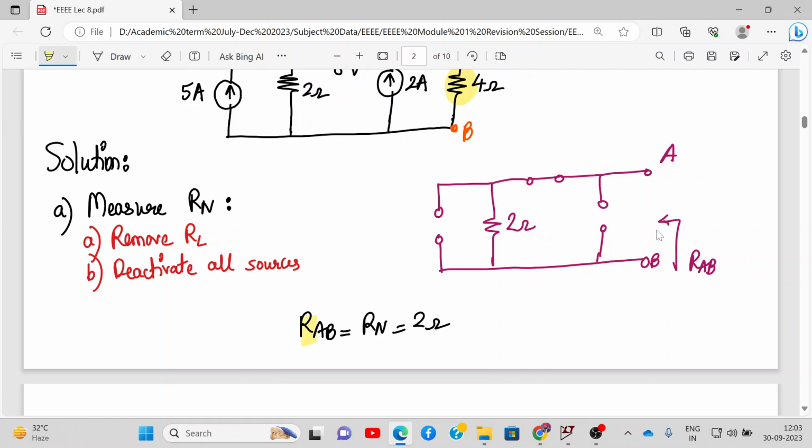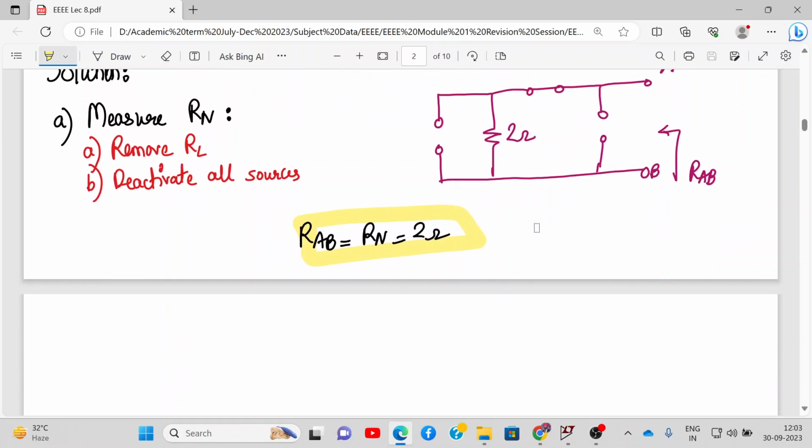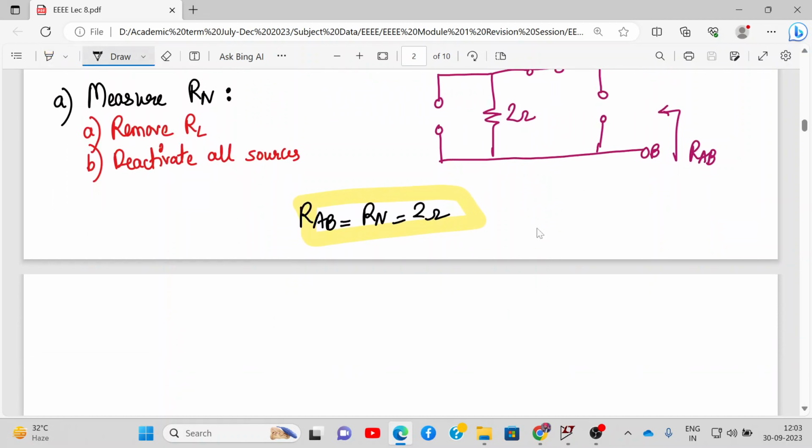I hope you are following. So the procedure is the same for calculating Norton's resistance. Alright. Now next we will find Norton's current or ISC. So for the second case, we'll measure IN, Norton's current or short circuit current.